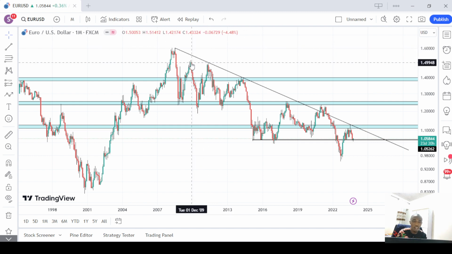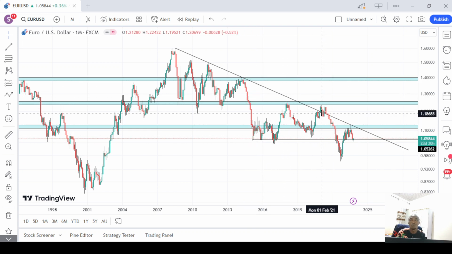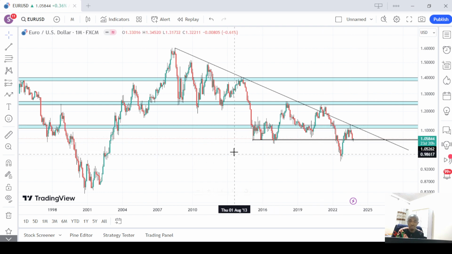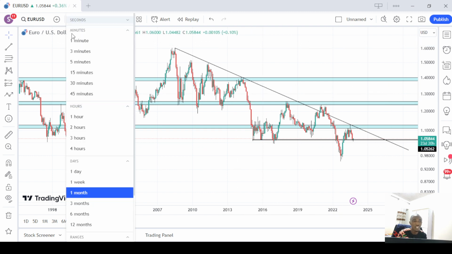So this is a lower high, lower low, lower high, lower low, lower high, lower low, lower high, lower low, lower high, then lower low to this. And you can see they correspond with the zones that we drew in the former video. So that's the monthly time frame.